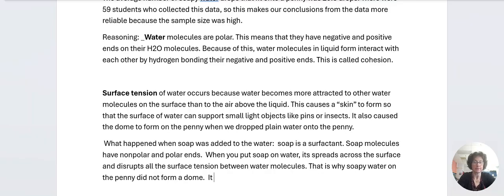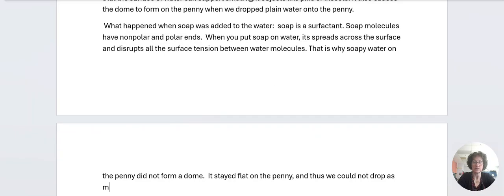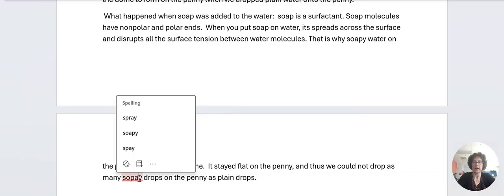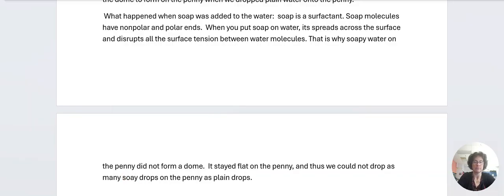It stayed flat on the penny. And thus, we could not drop as many soapy drops on the penny as plain drops.